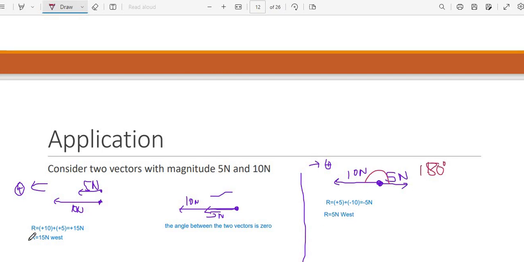So if we compare the answers that we are having here, if the vectors are in the same direction, and when we say they are in the same direction, we mean that the angle between the vectors is 0. If the angle between the vectors is 0, they're in the same direction, it means the resultant will be large.